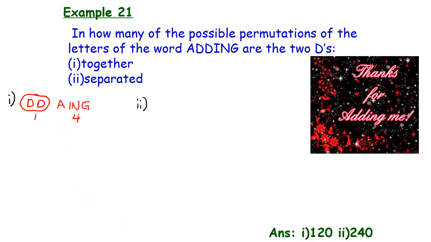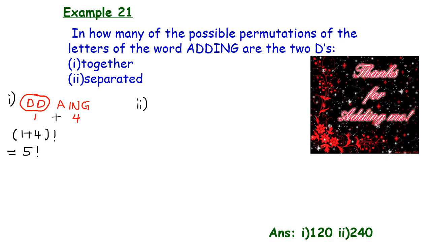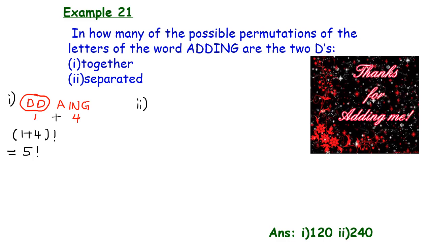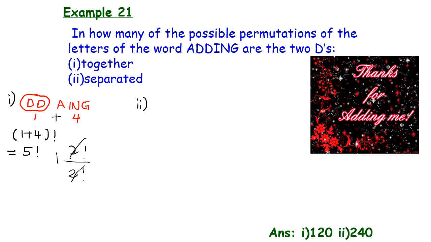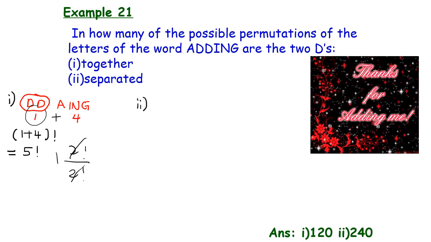So the total is 1 plus 4, so we have 5 factorial. Since we already consider the 2 D's as 1, there is no need to divide. Unless you want to put 2 factorial divided by 2 factorial, but the answer will be the same, so there is no need.